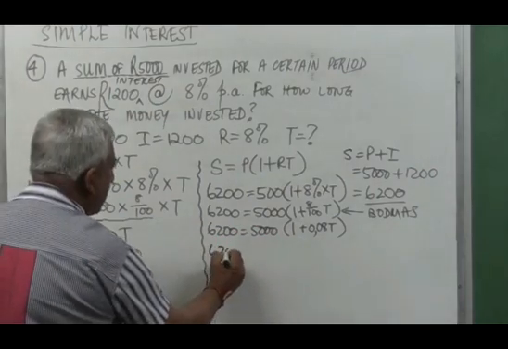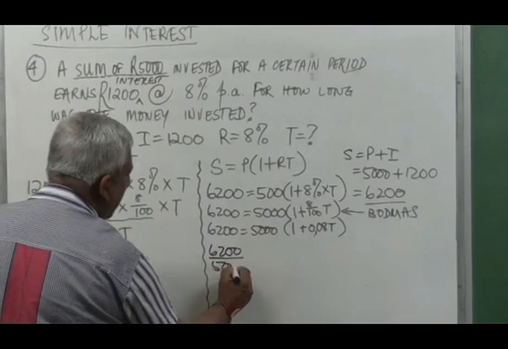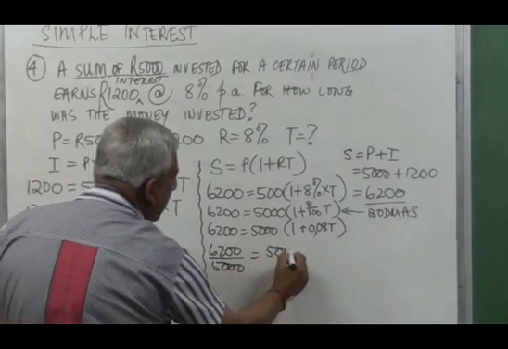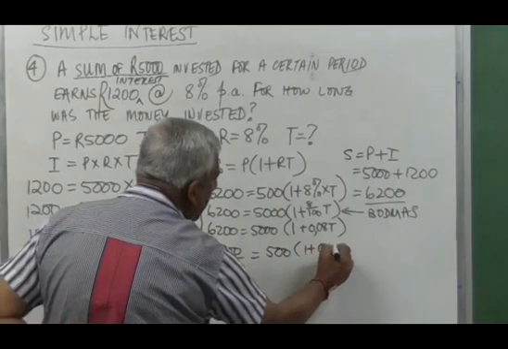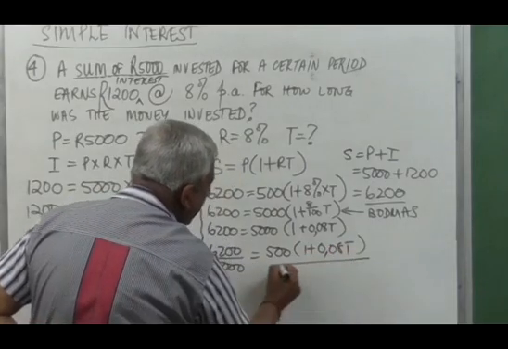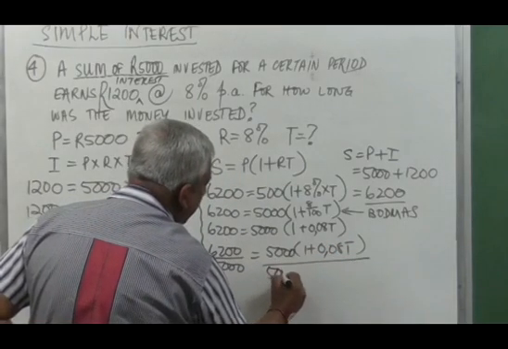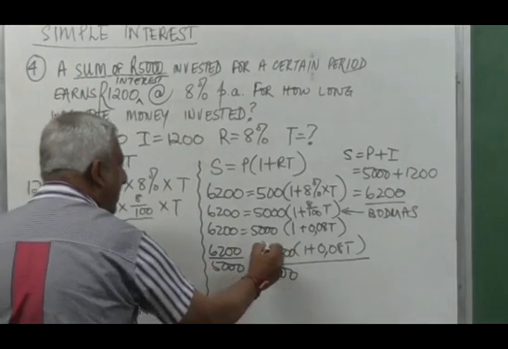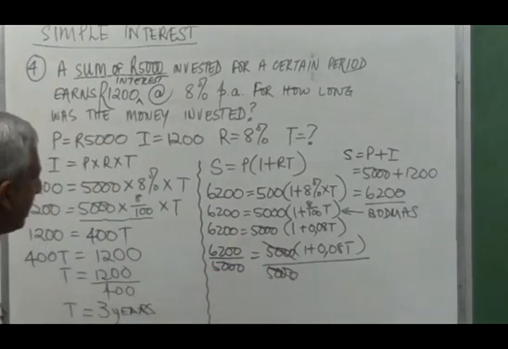So you'll have 6,200 divided by 5,000 is equal to 5,000 into 1 plus 0,08 t divided by 5,000. So the 5,000 will cancel with the 5,000. In your calculator you'll put in 6,200 divided by 5,000, and you will get 31 over 25, which is 1,24.